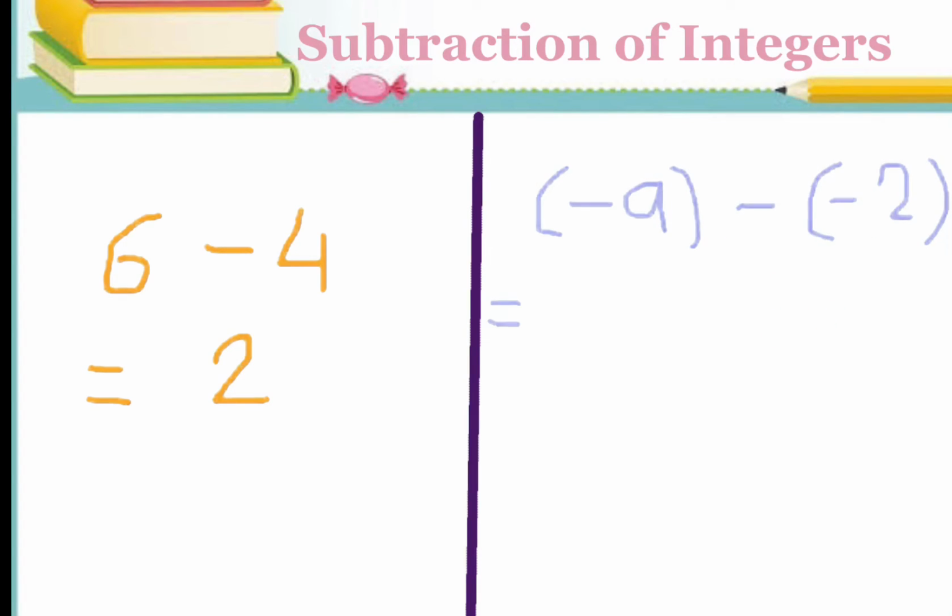Or else you can say that both of these are negative integers, so minus and minus becomes positive, that is plus. Now plus and minus becomes minus only. So you have to perform the subtraction operation here. After subtracting, we get 7 as the answer. As you can see, the greater value here is 9, which has negative sign. So the answer will be minus 7.